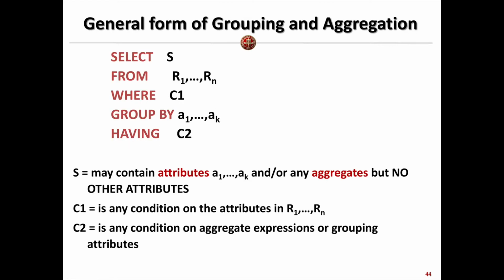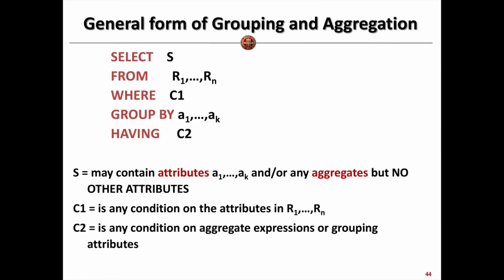So by combining everything together, we can show you the template for the SQL queries as shown in this page. Normally when we write queries, the template we can have is like this. We have SELECT some desired attributes FROM some relations WHERE with some condition C1, GROUP BY some attributes A1 to AK, for example, HAVING some condition C2.